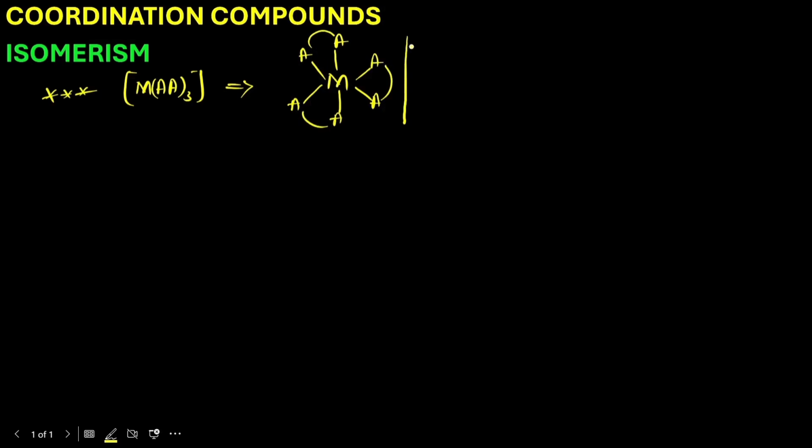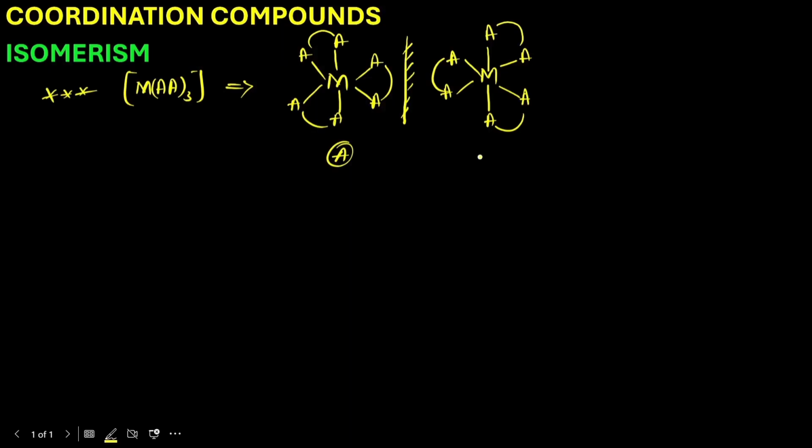If you write the mirror image, here we have A, here A and A. So this is the mirror image.